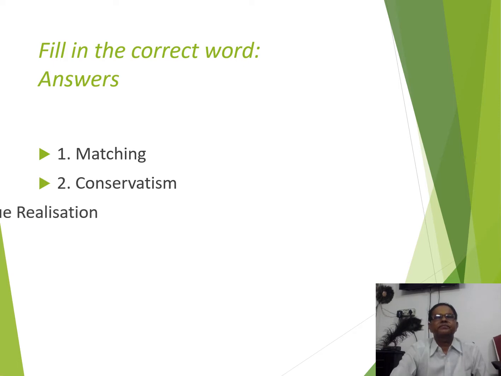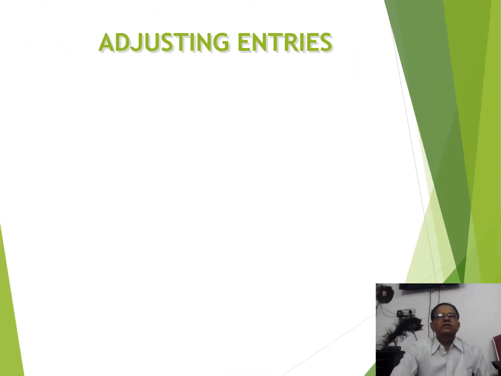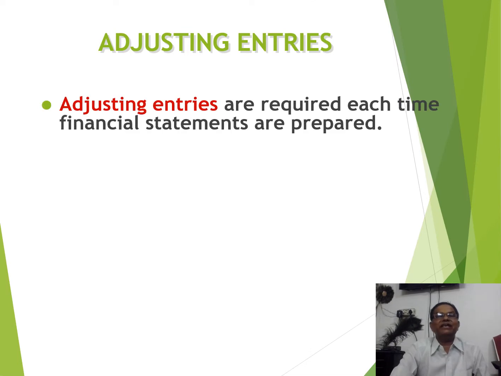Next is the adjusting entries. Adjusting entries are required each time financial statements are prepared. Without them, there will be no correct view of the financial position of a business.